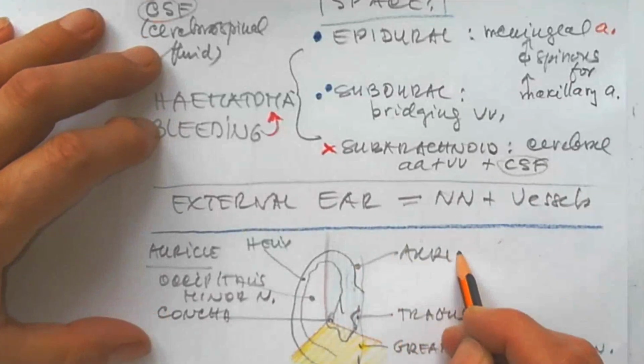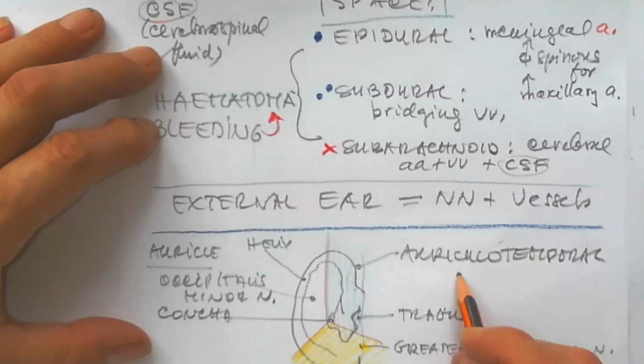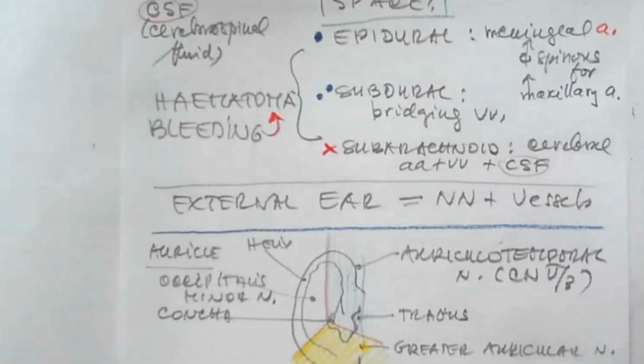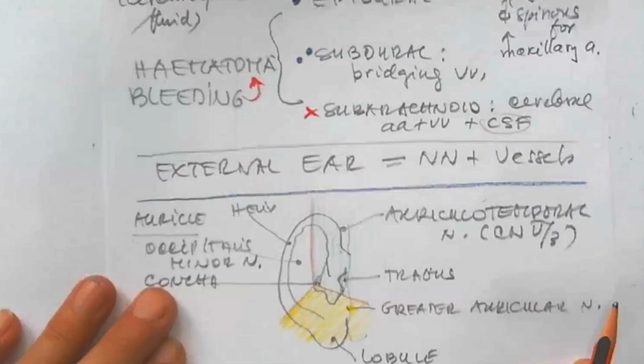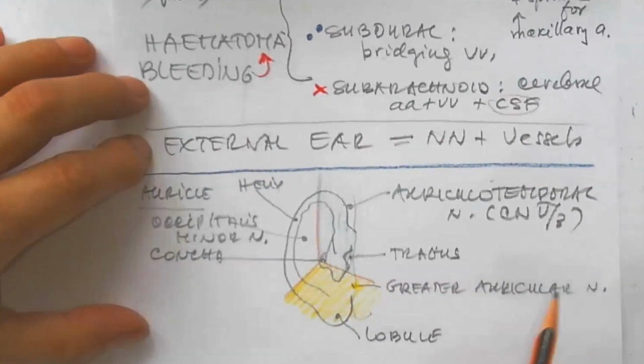So auriculotemporal nerve, and this comes from the cranial nerve 5/3 mandibular. So we see distribution of the nerves supplying the auricle, the external ear lobule.